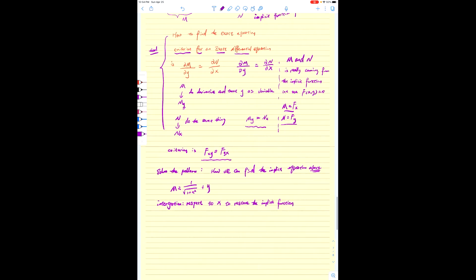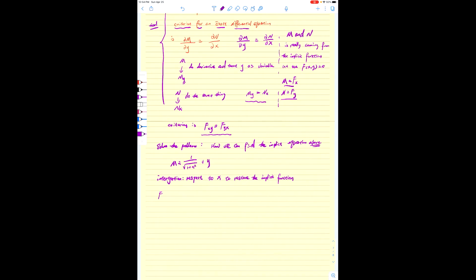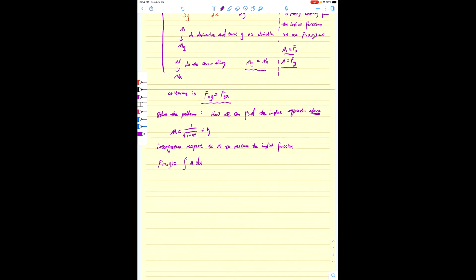Okay, then I can do it like this. Let's say f(x,y) is equal to the integral of this M dx plus h(y).